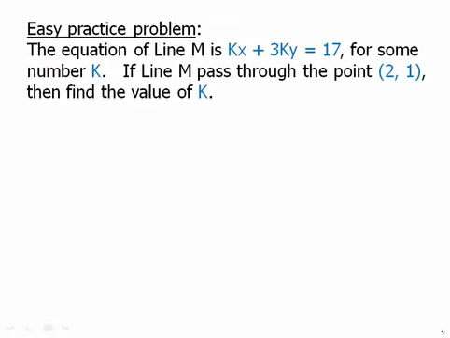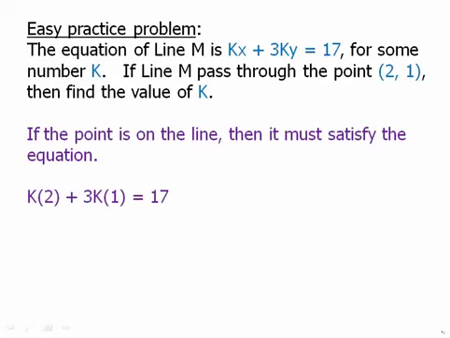Okay. We're given the equation of the line, and the equation of the line has this variable in it, the variable k. So we don't know what k is, but we're told that the line must pass through the point (2, 1). Well, we know that that point has to satisfy the equation of the line. So if we plug in x equals 2 and y equals 1, we're going to have to get an equation that works.